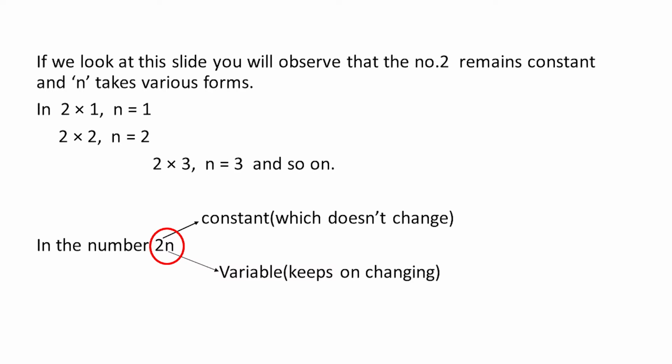If we have to make 2 L's, n becomes 2. If we have to make 3 L's, n becomes 3 and so on. So, in this number 2n, 2 is called a constant, that means it does not change. And n is called a variable. It keeps on changing. Instead of n, we can use any letter from A to Z.